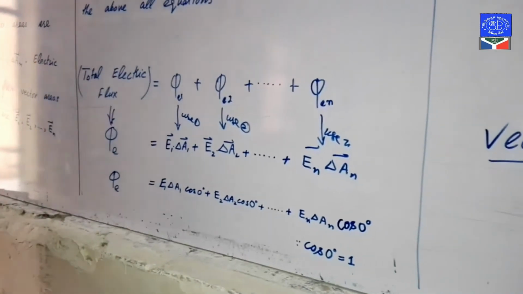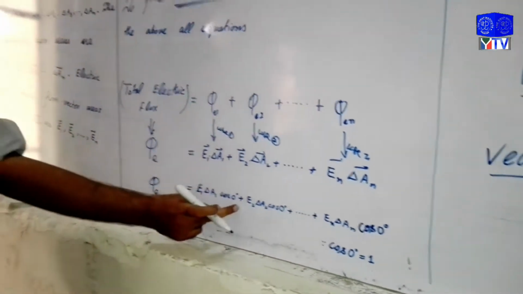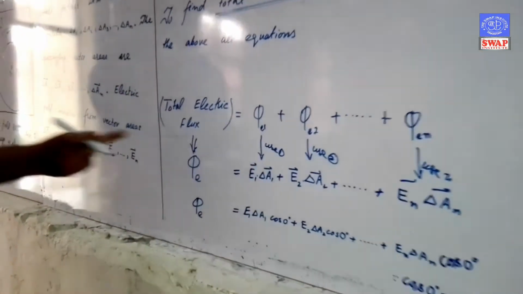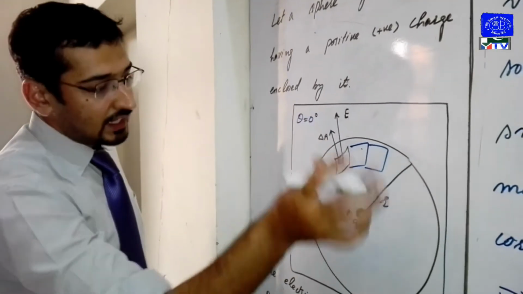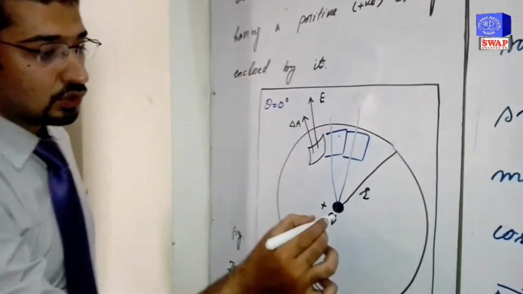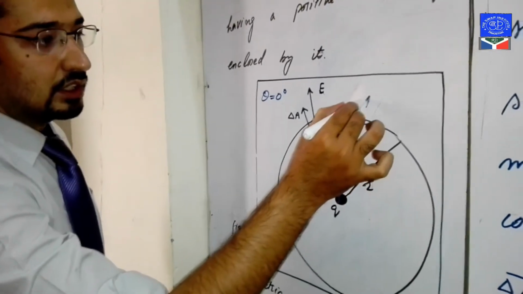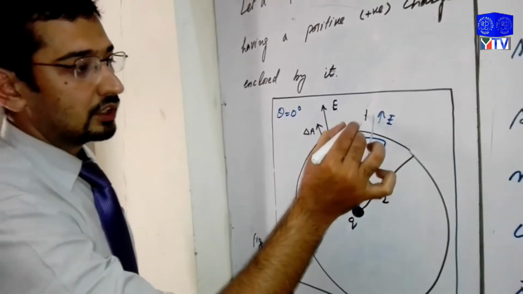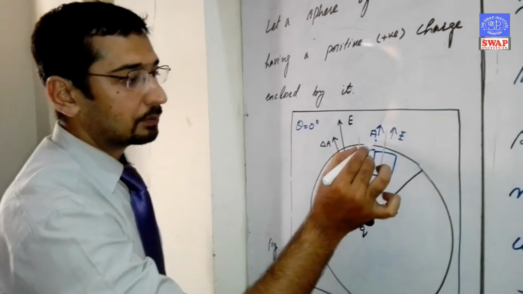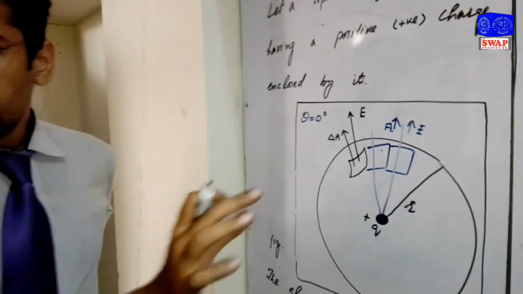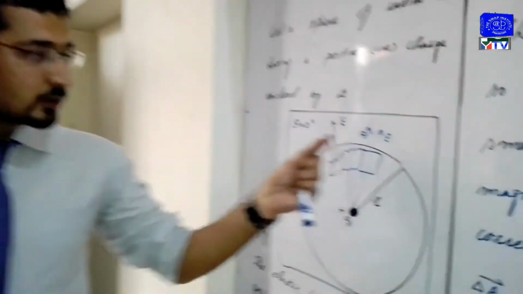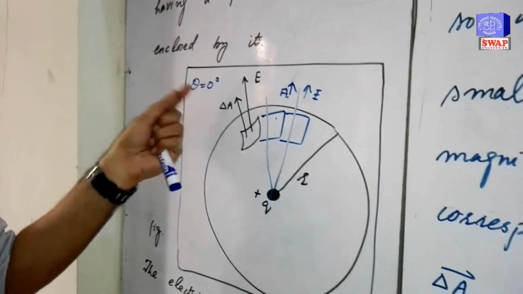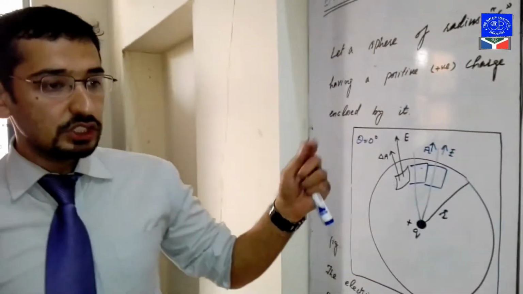The angle between vector area and electric field, as shown in the figure, is theta equal to 0 degree for each patch. Here E and A are parallel. So in each patch the area is parallel to the electric field lines, so the angle between both quantities will be 0.